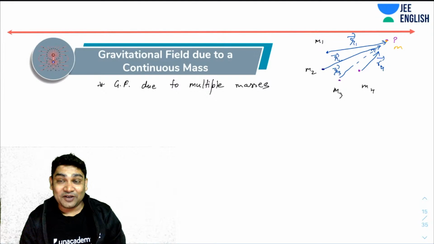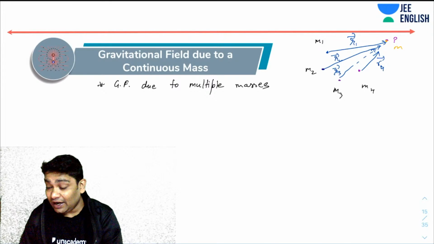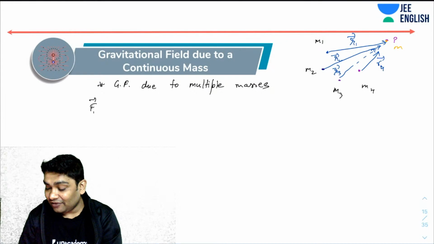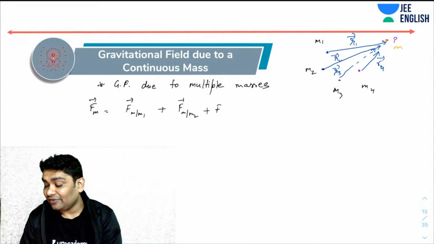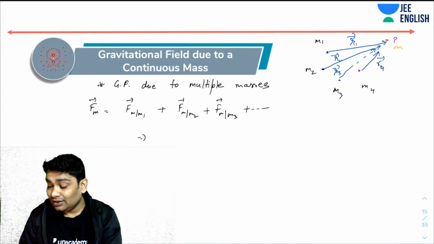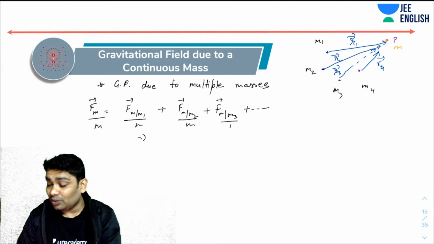All right. As I said, we already talked about this, that Newton's law of gravitation follows the principle of superposition. So the net force experienced by m can be calculated as this. F experienced by m would be F experienced by m due to M1 plus F experienced by m due to M2 plus F experienced by m due to M3 and so on. Correct. So if I divide every side by this small m, which is the mass of the object, then what am I getting?